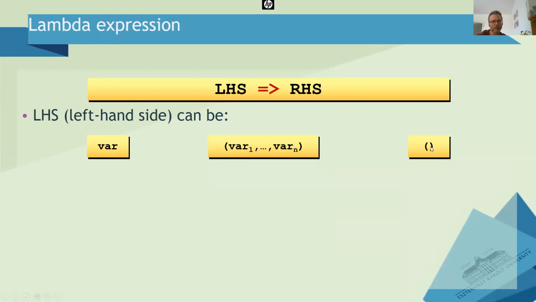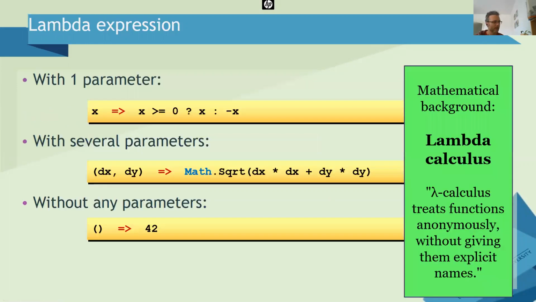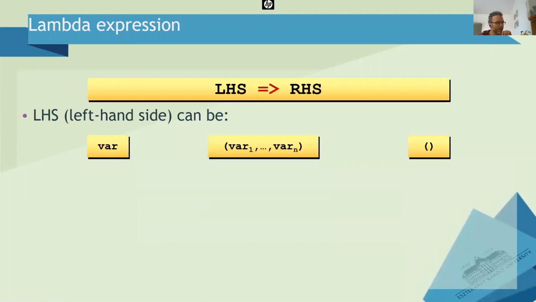But in this case, you also have to use the parentheses. I showed you this at the bottom of the previous slide. Actually, you can also use parentheses for a single parameter, but this is not a must. You can eliminate the parentheses if you want, so you can save 2 characters.